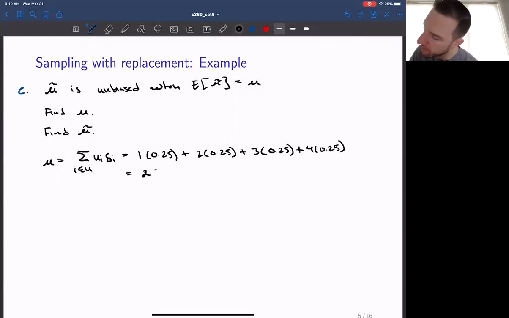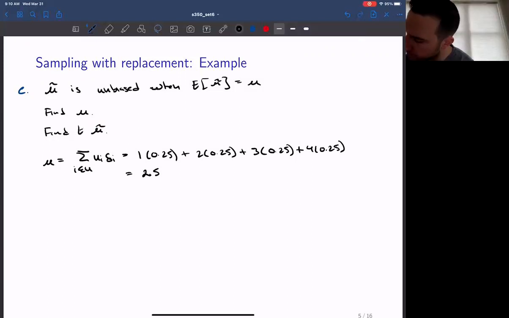And that gives us 2.5. All right, actually, sorry, we need to find the expected value of mu tilde.